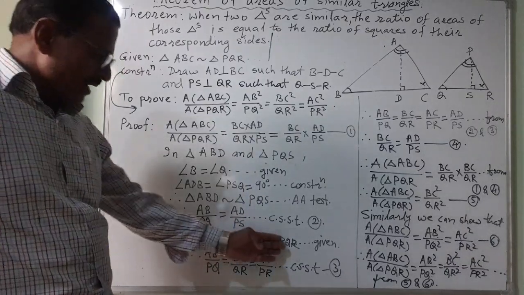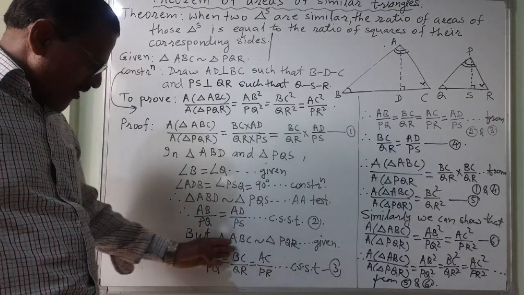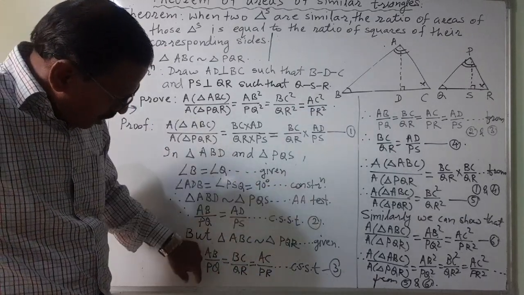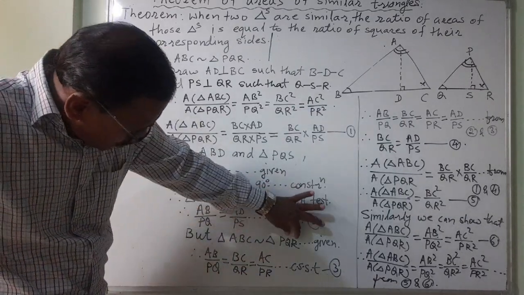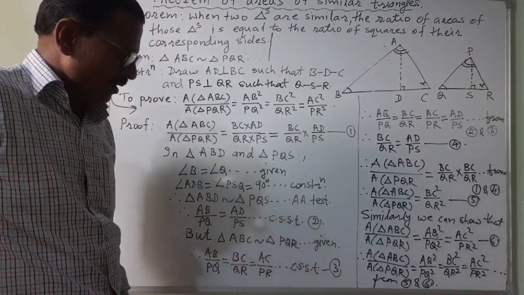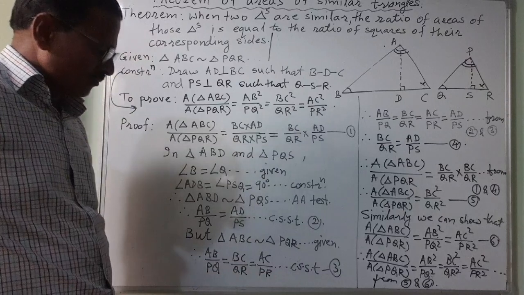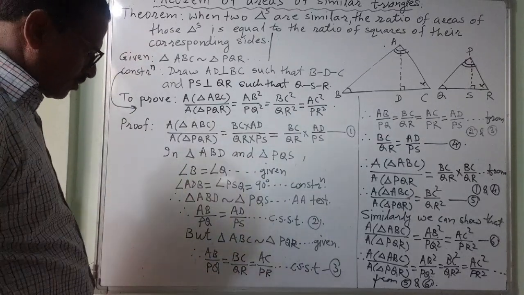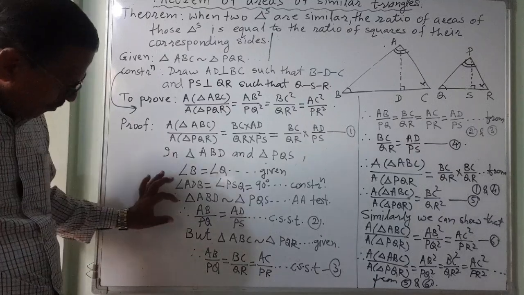So for this bigger triangle also, their corresponding sides would be in proportion. So AB upon PQ is equal to BC upon QR is equal to AC upon PR. Given number 3.